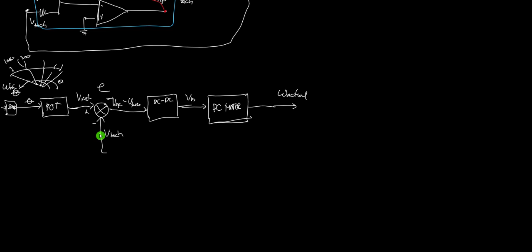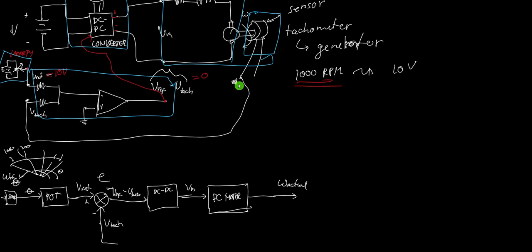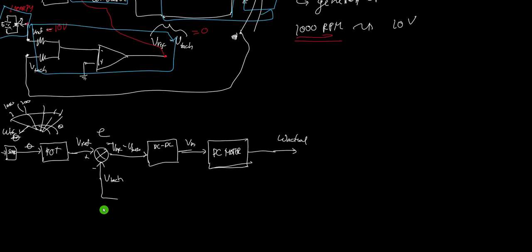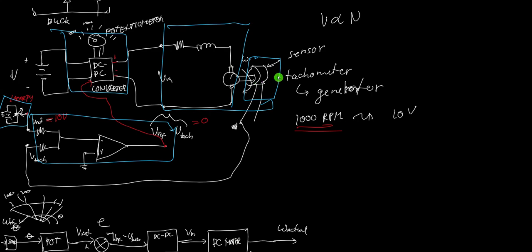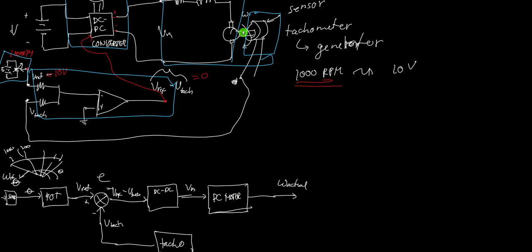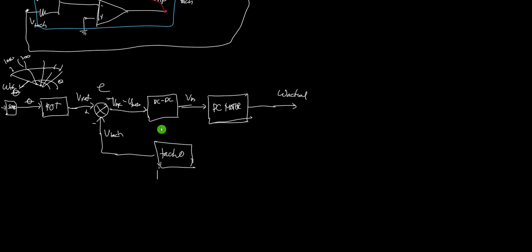Then the voltage of the taco generator is actually the output of the sensor, the tachometer. The input for the tachometer is the rotation. It's a generator, so the input is mechanical energy. And that rotation is the actual rotation, W actual.